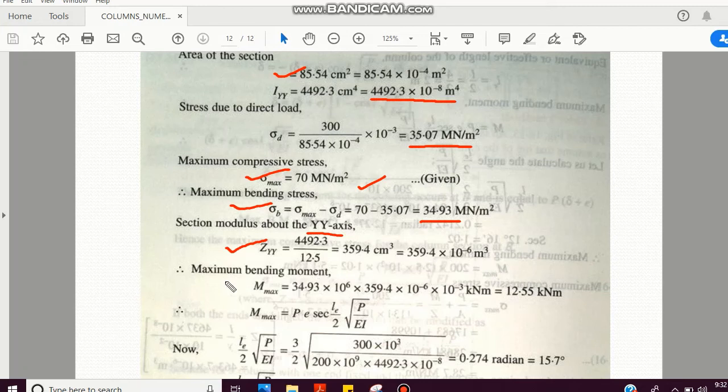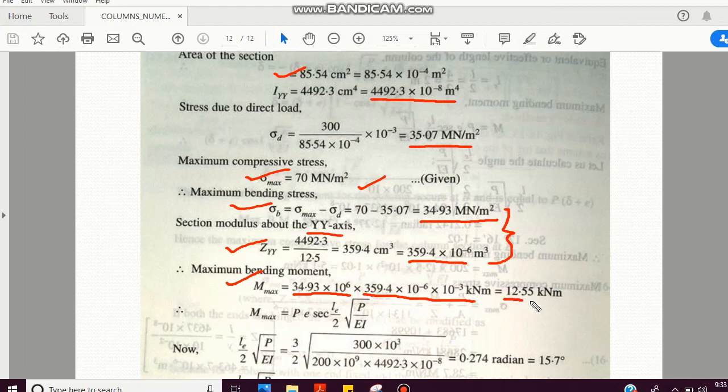Now the maximum bending moment. The value of the maximum bending moment is the maximum bending stress times the section modulus. It is the multiplication of these two values: 34.9 into 10 to the power 6 into 359.4 into 10 to the power minus 6 into 10 to the power minus 3 kilonewton meter.